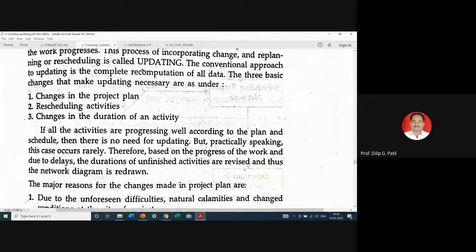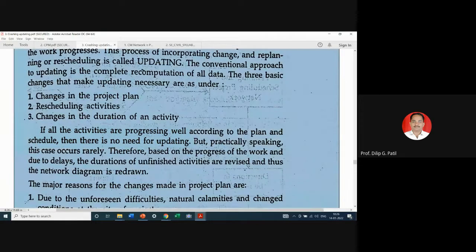So if all the activities are progressing well according to plan and schedule, then there is no need of updating. If everything is going as per our plan schedule, then we will be happy to see this condition, but generally this condition never happens.